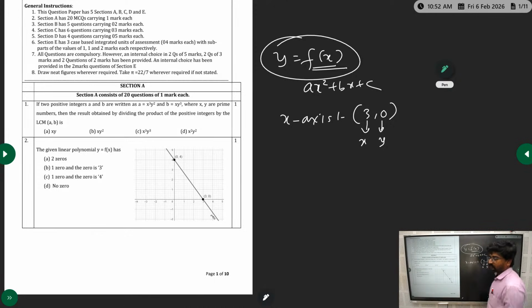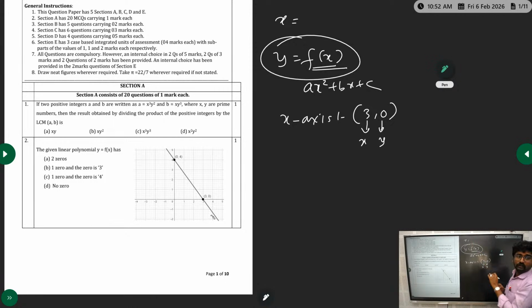Now see which option will be the answer? 1, 0 you got. What is the other value? 0, 3. 1, 0 and the other is 3. Do we actually have 3 here? Then which option will come? Option B, because the point is along the x-axis and the quadratic polynomial is also along the x-axis.